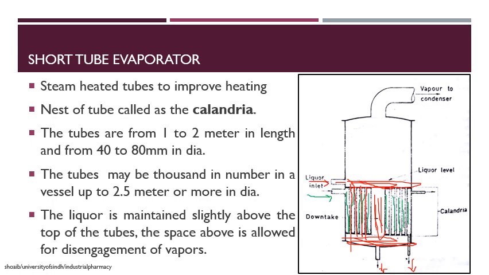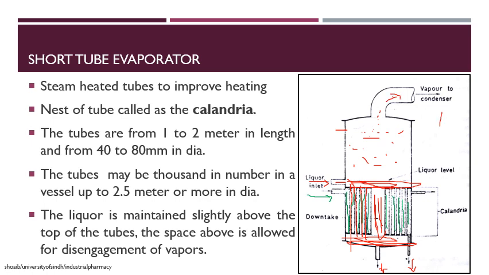Now these tubes are collectively called the calandria. Okay, now when the evaporation process is going on, the vapors that are coming out of this bulk of the liquid will be present over in this surface. Okay, they will be collected here, and then they will move through this channel to the condenser.